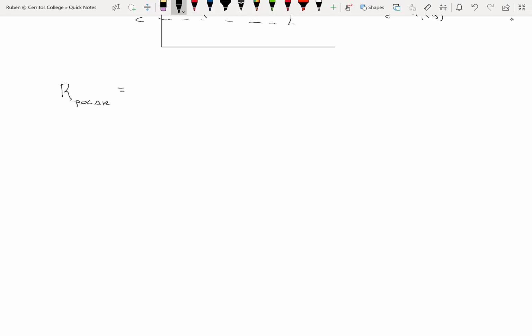So in the polar plane, we don't consider x's and y's, we consider a directed distance from the origin, r, and an angle of elevation, theta. Okay, so our polar region is going to be the set of all (r, theta), where r varies between two constants a and b.